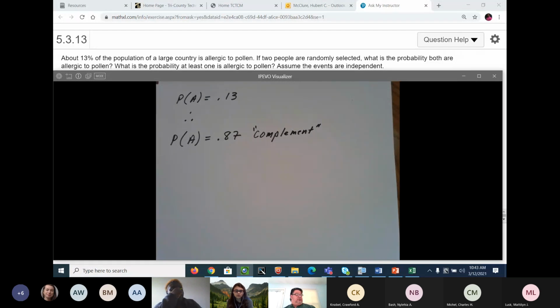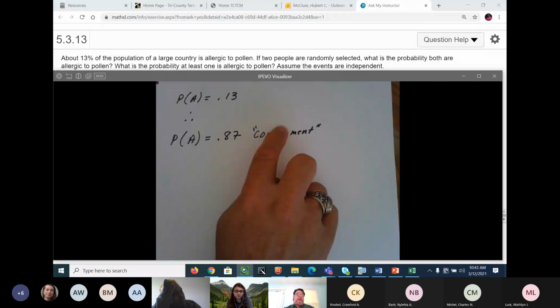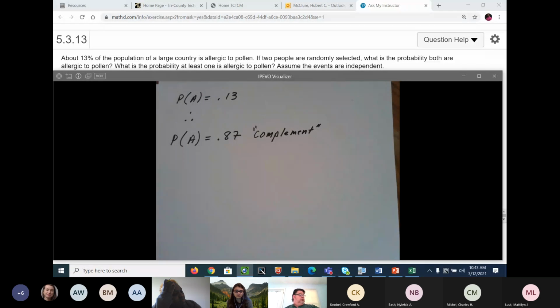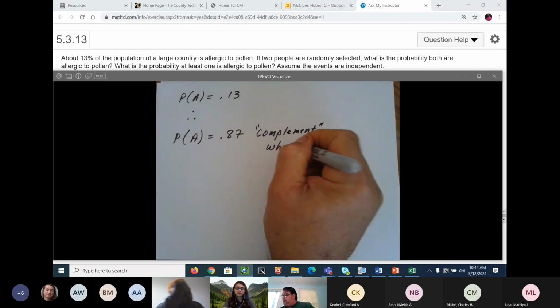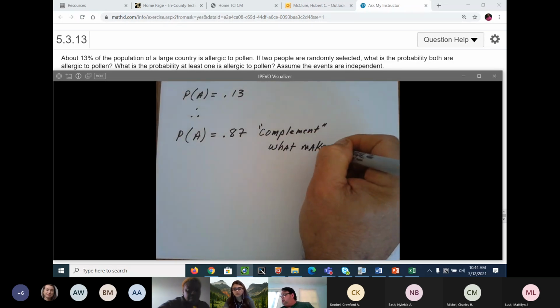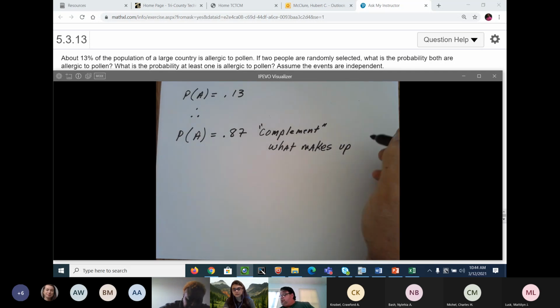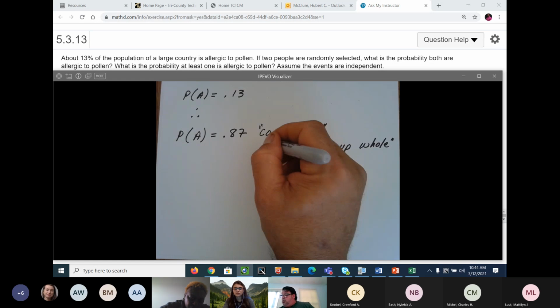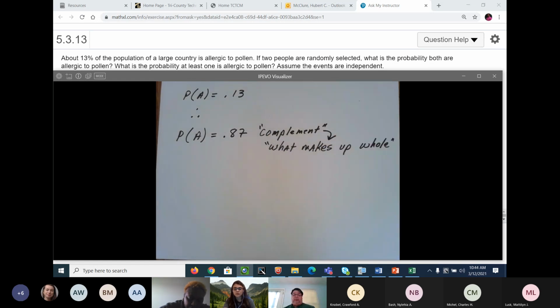I don't go over definitions very much after chapter 3, so after chapter 1 and 2. So that's something you should have got in your reading. What does complement mean? Equaling 100%. It is what makes up the whole. Good job. You actually read it. Wow. That's the Hubertism definition: the complement is what makes up the whole.